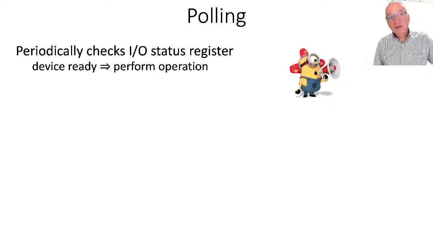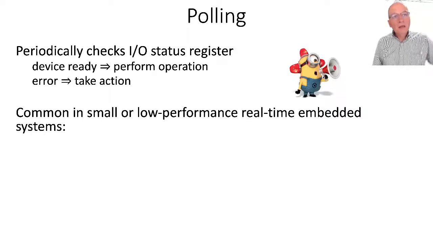If the device is ready, you're going to perform the operation. And if there is an error, you're going to take an action. This is common in small or low performance real-time embedded systems. Especially in embedded systems, you may want to have very predictable timing.